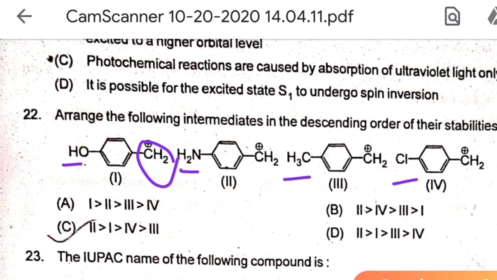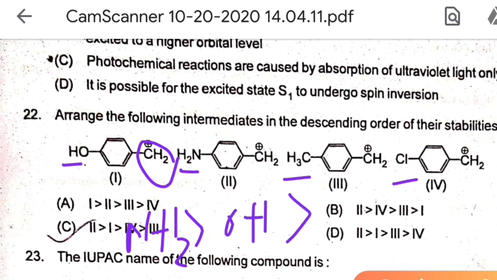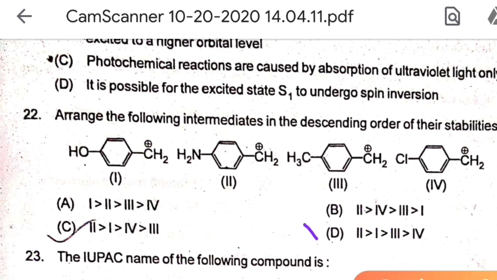So the electron donating ability will be NH2 greater than OH greater than CH3 greater than Cl. Okay, so the correct answer for the stability of these 4 compounds will be D. Due to the electron donating ability, this will be more stabilized. So the correct answer for 22 is D.